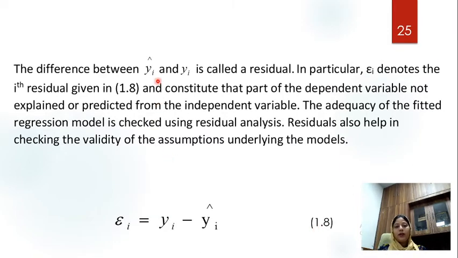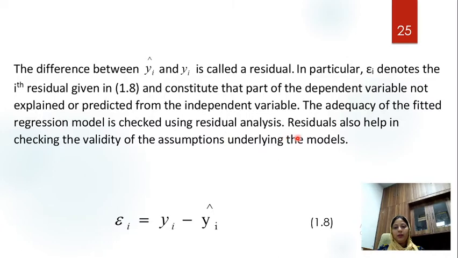The difference between yi hat and yi is called a residual. In particular, epsilon i denotes the ith residual given in equation 1.8 and constitutes that part of the dependent variable not explained or predicted from the independent variable. The adequacy of the fitted regression model is checked using residual analysis.